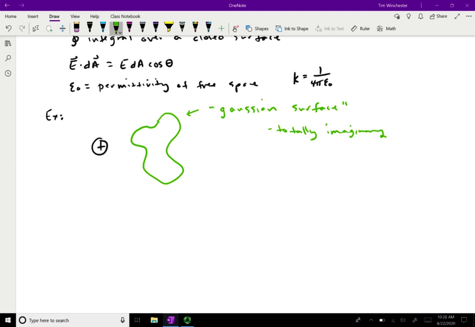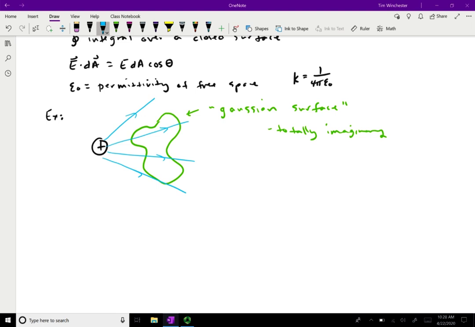Okay, so with that out of the way, I have this Gaussian surface, and let me draw some electric field lines from my charge. Okay, and I won't bother drawing ones that don't intersect the surface, but you'd keep drawing them evenly all the way around.